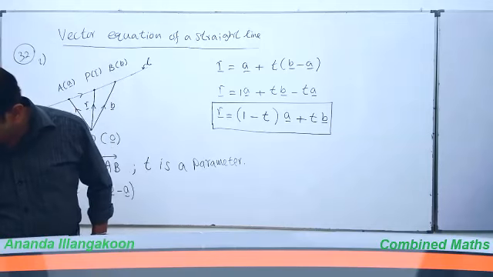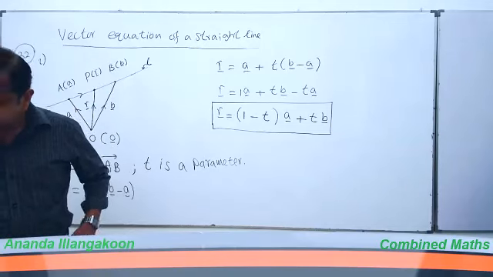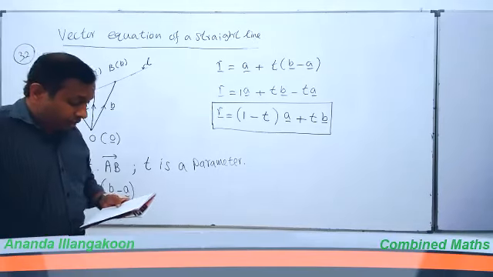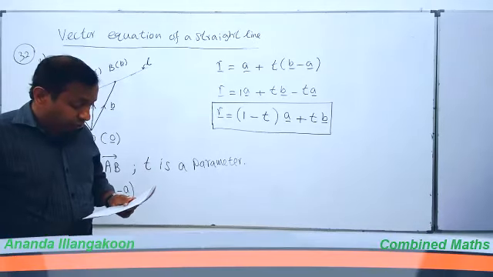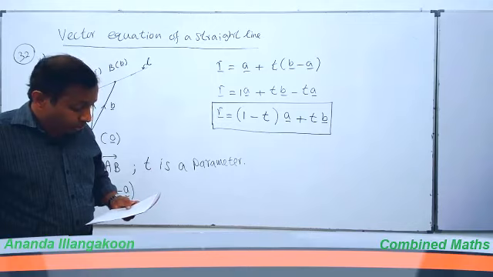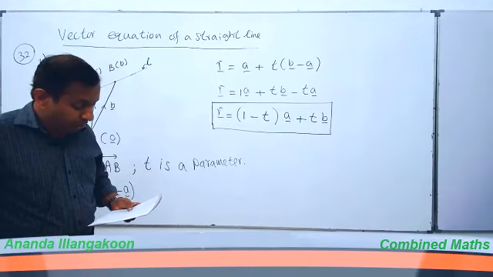The first part: position vectors of 2 points P and Q relative to a point O are simple P vector and simple Q vector respectively. Show that the position vector of any point on the line PQ is R.